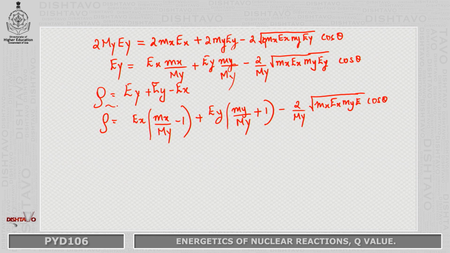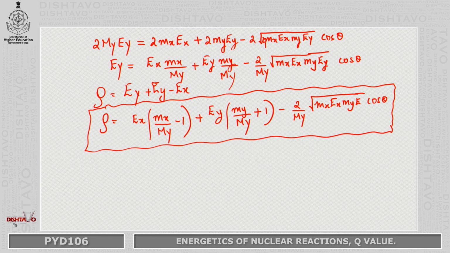So this entire equation gives us the Q value of a reaction in terms of the masses, the angle, and the incident kinetic energy and the kinetic energy of the product particle.